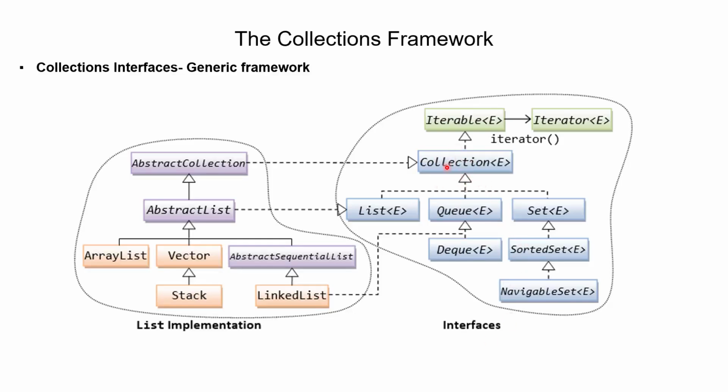We can see the collection interface implements the abstract collection, the list interface implements the abstract list, and you can see this type of relationship in the collections framework.